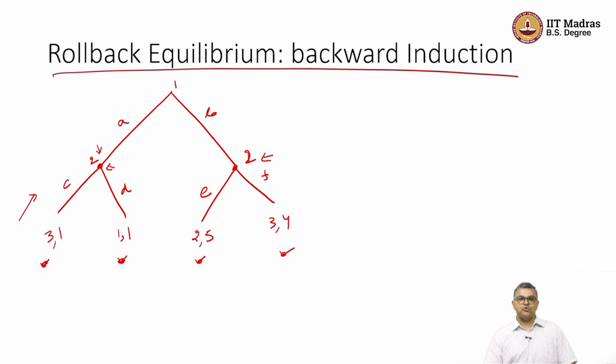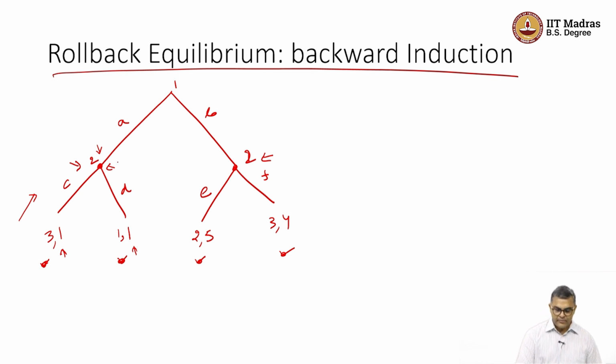What matters now is that player 2 has to decide, and player 2 at this point can decide between C or D. C gives player 2 1, the second number belongs to player 2, and here also 1. So, we can say that player 2 is indifferent between playing C or D.